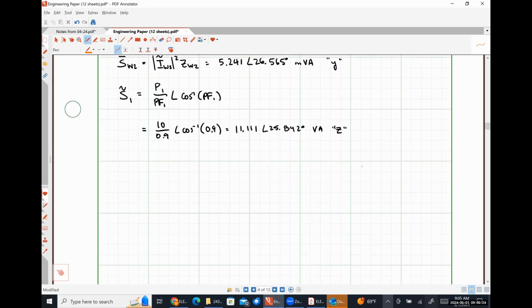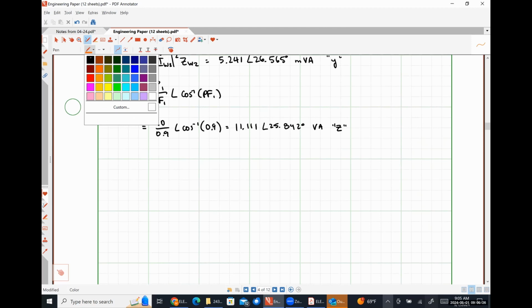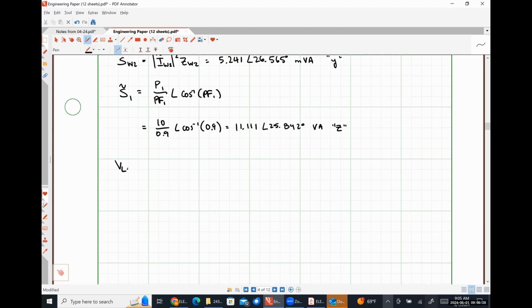So VL1 is whatever IW2 is times ZW2. Remember, right now we only know the impedance of ZW2, but we'll sort that out in a moment. Plus VL2.